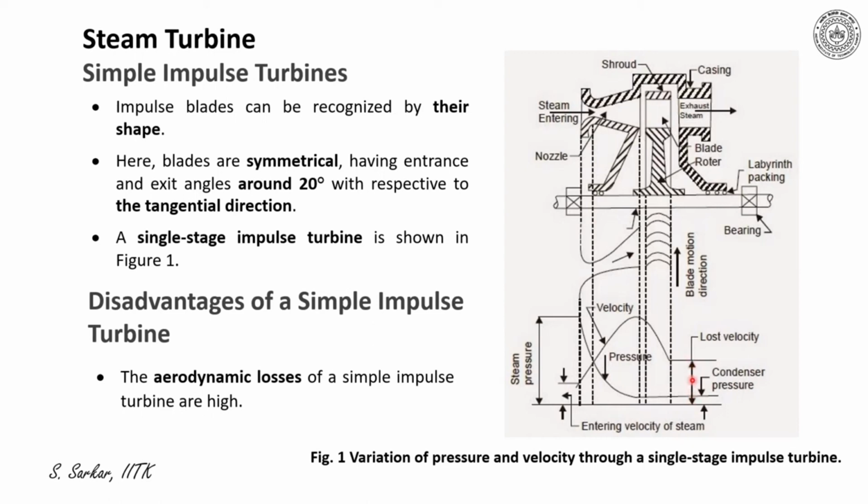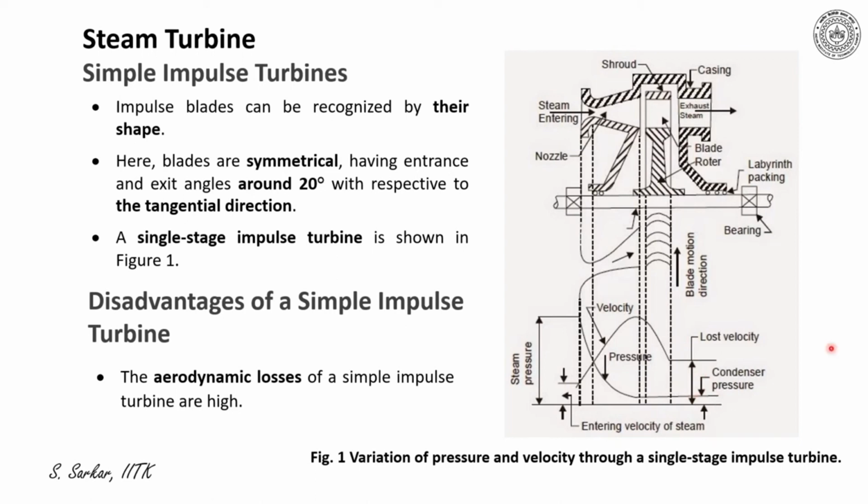This exhaust velocity is considered as kinetic energy loss. Please note that the exit pressure of the steam is equal to the condenser pressure, and the exit velocity of the steam represents the kinetic energy loss.